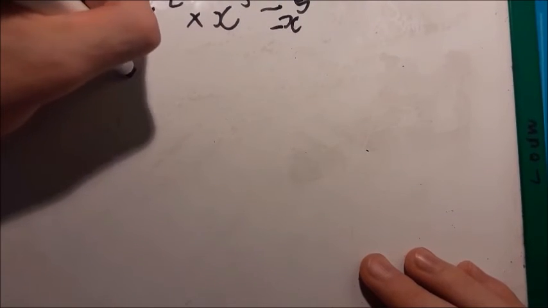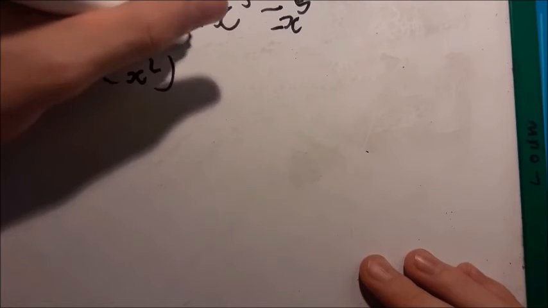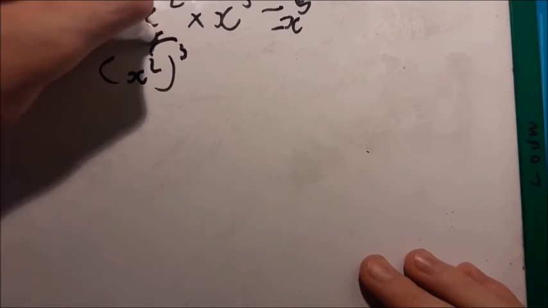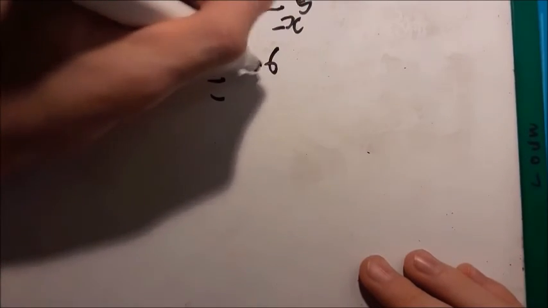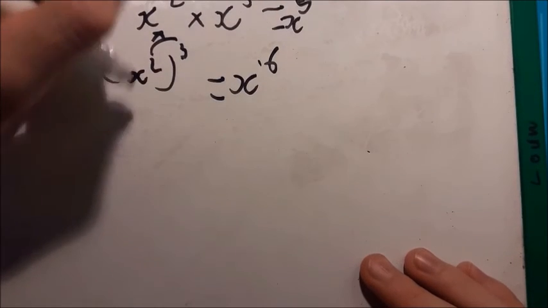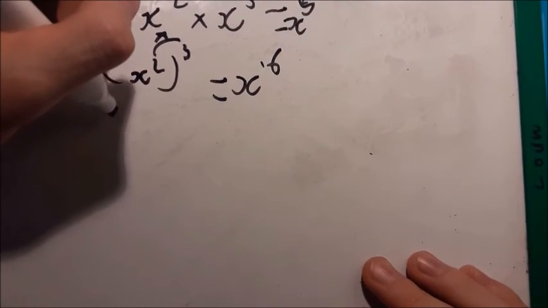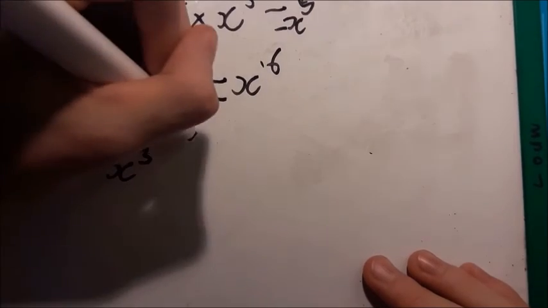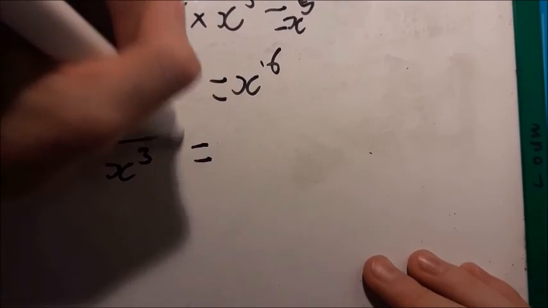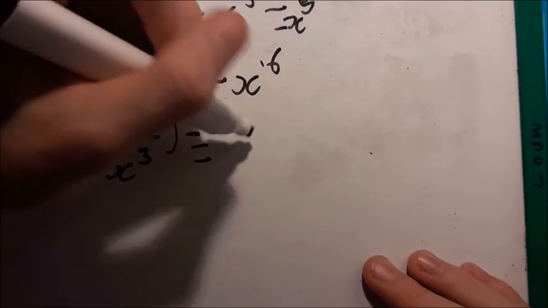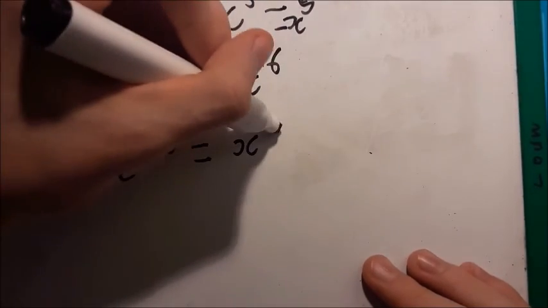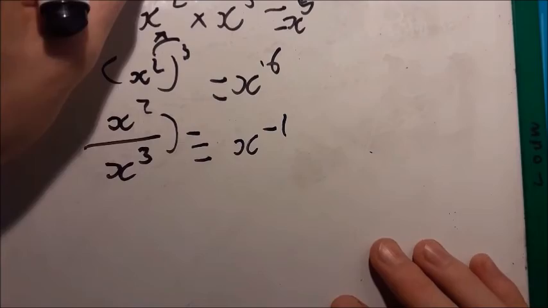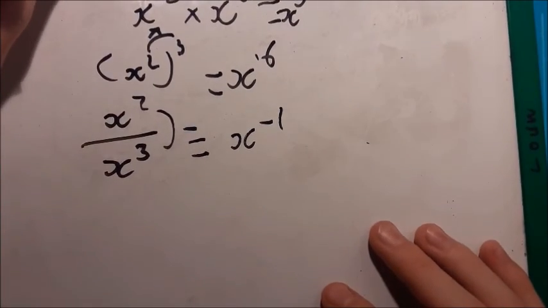And if it were in brackets, then these two would multiply, and then we'd get to the power of 6. And if they were divided, then we'd say these two subtract, and then that will be equal to x to the power of minus 1. So that's all we learned today.